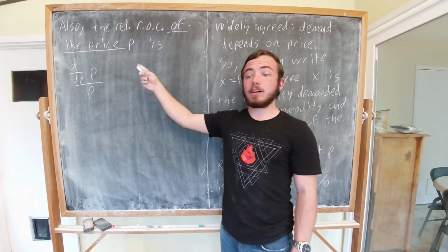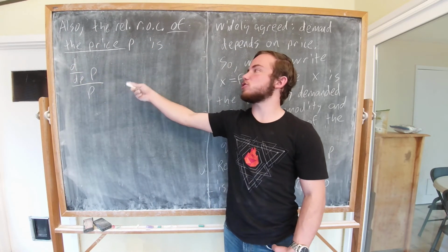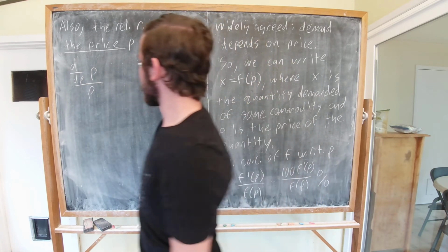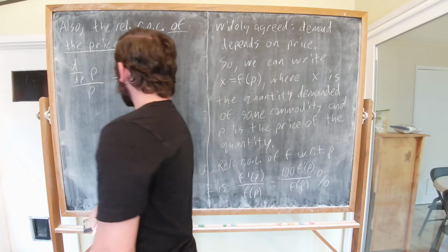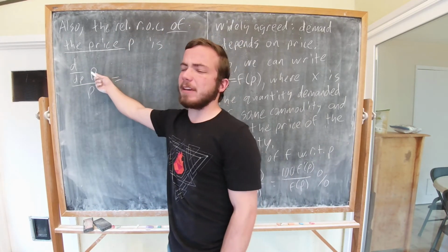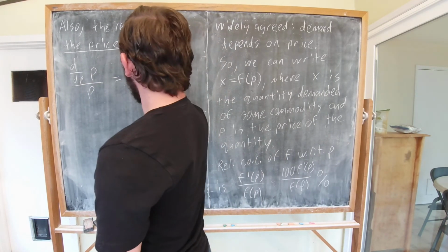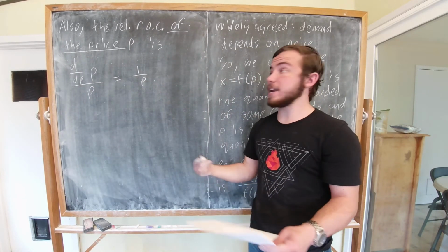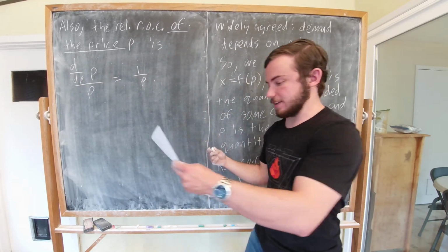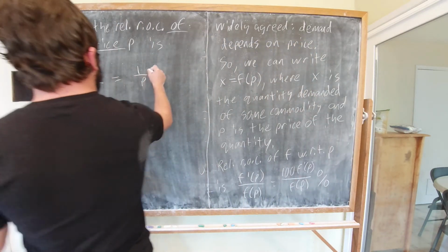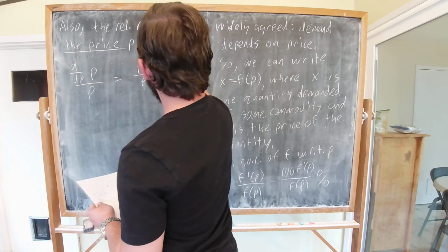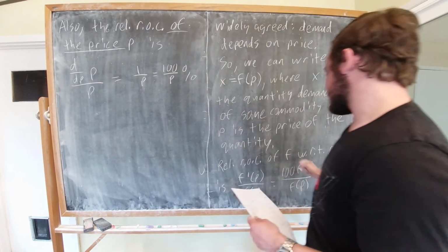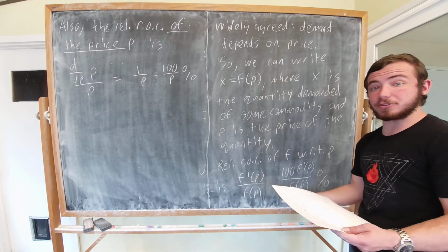Again, applying our relative rate of change definition now to the function p. Okay, well, derivative with respect to p of p is just 1 divided by p. And now we have all we need to define elasticity. I'll also write that as 100 divided by p percent to keep things consistent, since we wanted to be working with percents earlier.